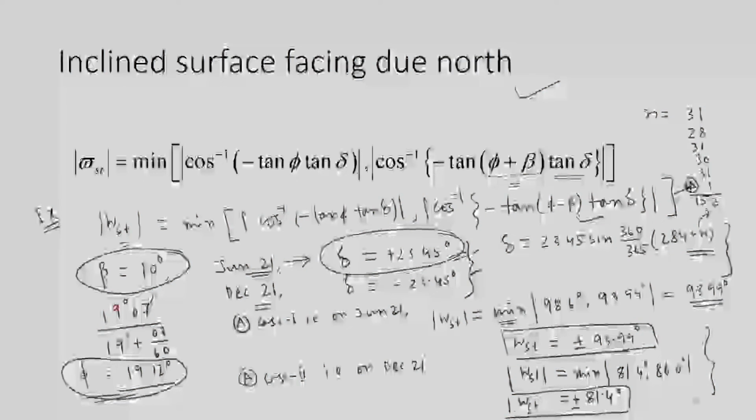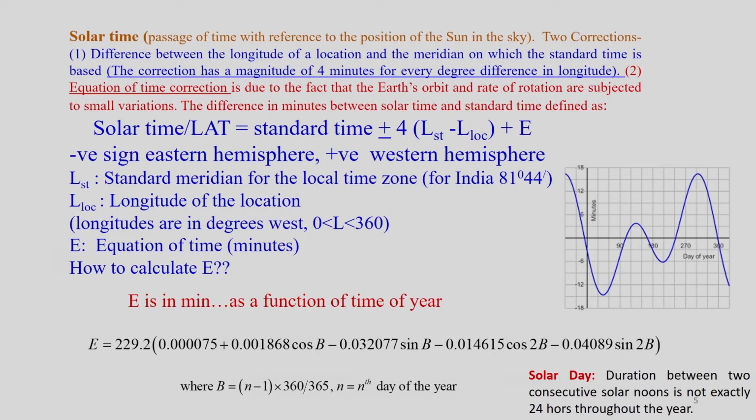So, now let us discuss something on solar time. This solar time is very important, because when we need to calculate our angle, we need to use it. So, how to calculate solar time is very important. What is this solar time? That is the passage of time with reference to the position of the sun in the sky.